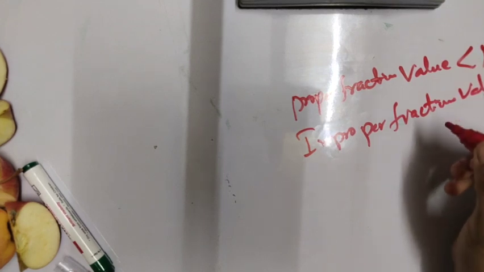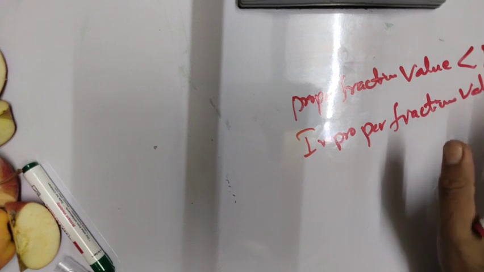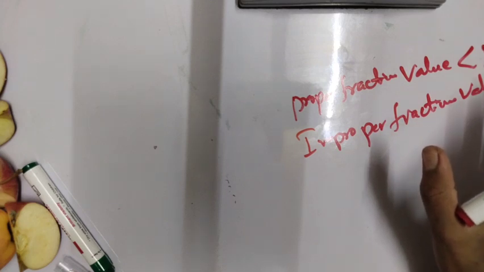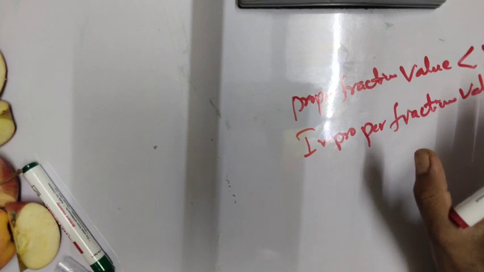I think you understood what a fraction is, what the types of fractions are, and how we can show fractions pictorially. In the next video we are going to discuss mixed fractions, addition of fractions, and how to subtract fractions.